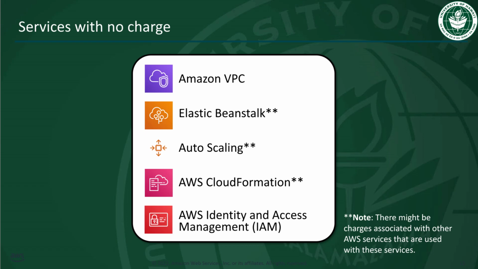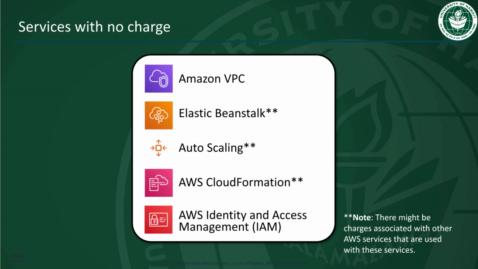There's security with your AWS Identity and Access Management, and a whole bunch of other services. And there's no fee for these services. There might be charges based upon what other services you're using. For example, you can automatically scale EC2 instances, but there will be charges for scaling those EC2 instances. Okay, and there's documentation on what is free and what isn't on the AWS website.